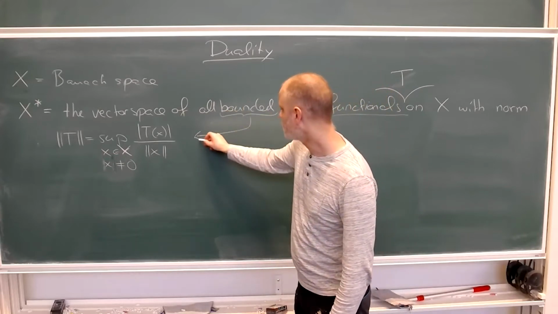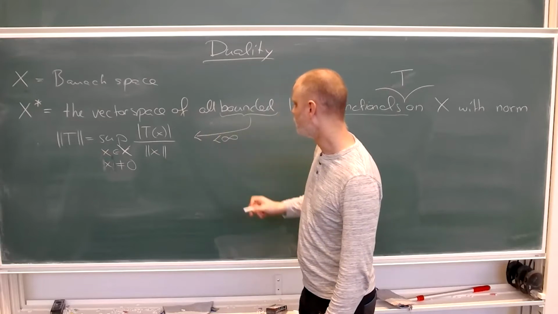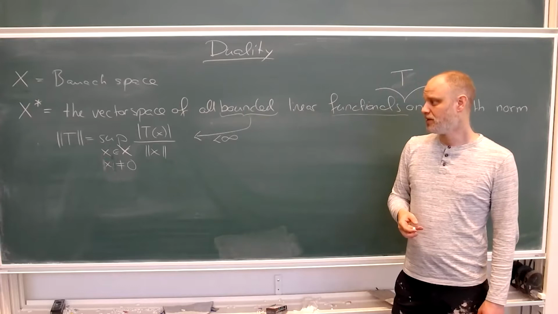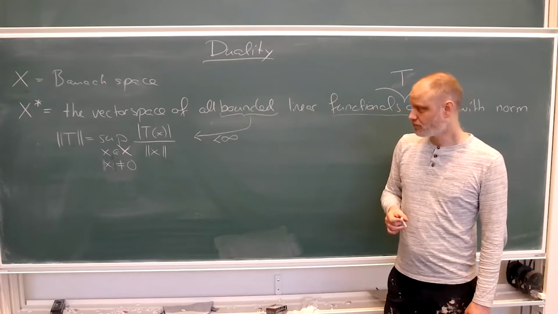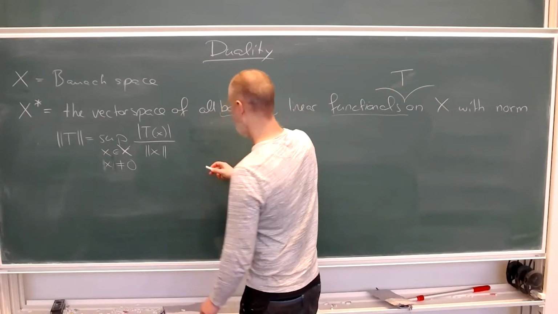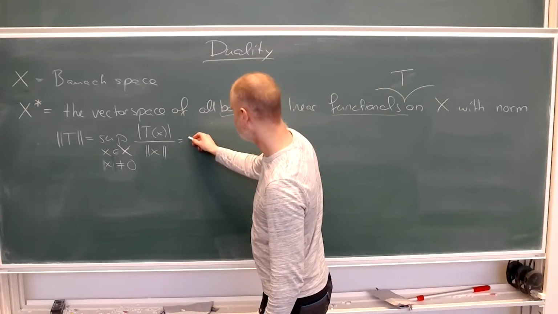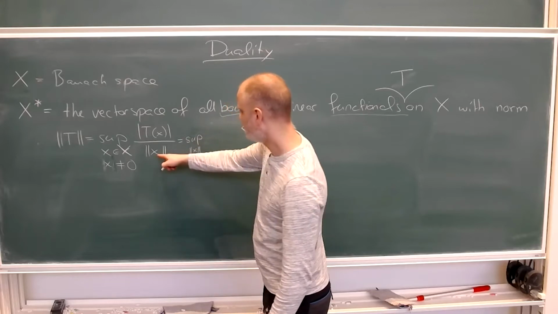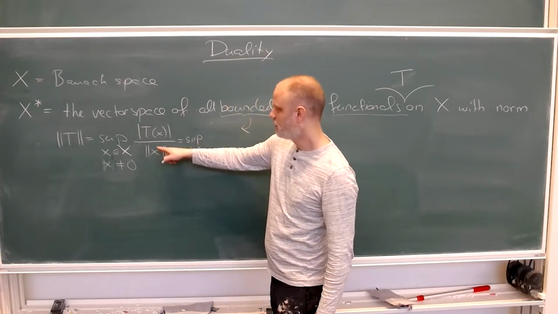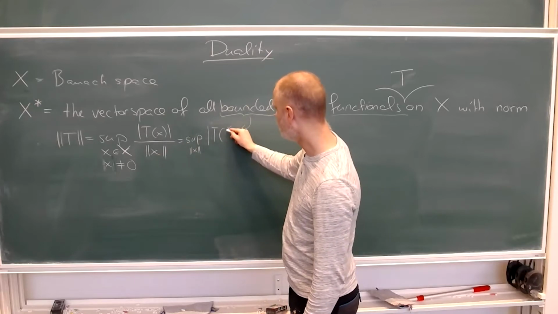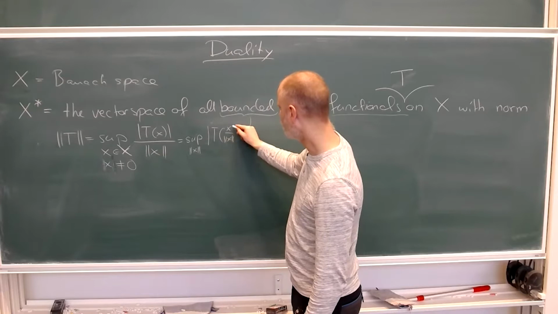Bounded just means that this number here is less than infinity. That's the definition of boundedness. Another way of looking at this, since T is linear, is that I can write this as modulus T(x) divided by norm of x.